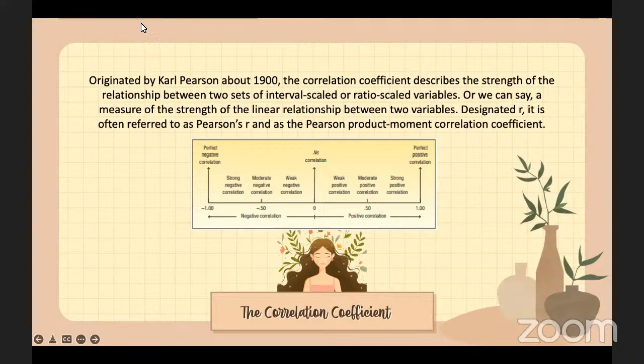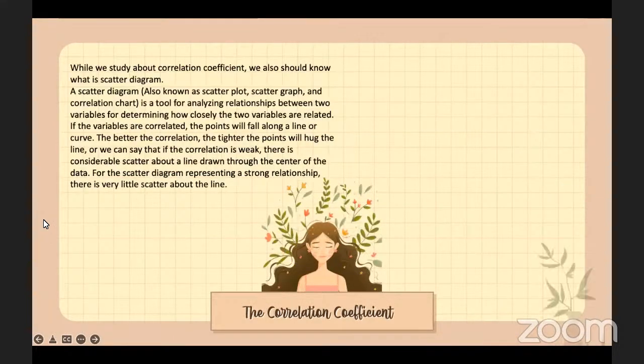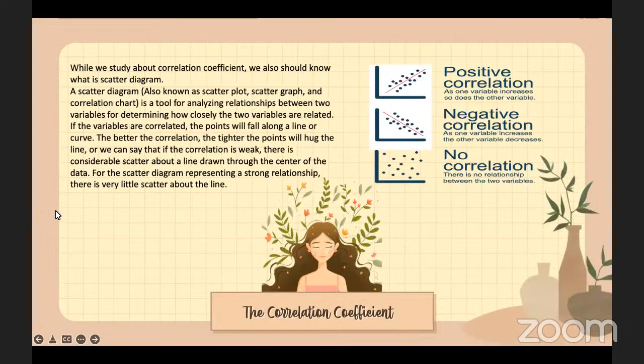And the next is the characteristics of the correlation coefficient. First, the sample correlation coefficient is identified by the lowercase letter r. Second, it shows the direction and strength of the linear relationship between two interval or ratio scale variables. The third is it ranges from -1 up to and including +1.